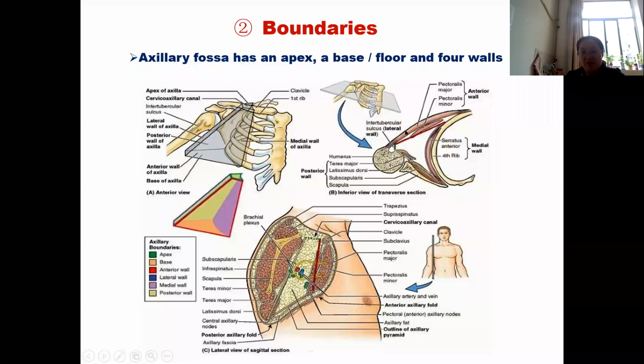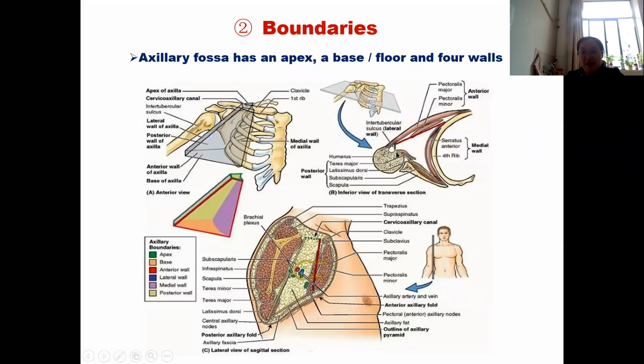The anterior wall is mainly composed of pectoralis major, pectoralis minor, and the deep fascia. The posterior wall is mainly composed of the scapular bone and the subscapularis muscle. The lateral wall is composed by the humerus bone and the corresponding muscles.